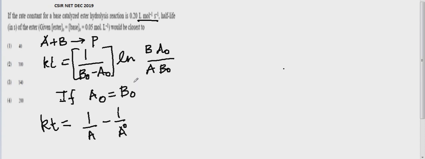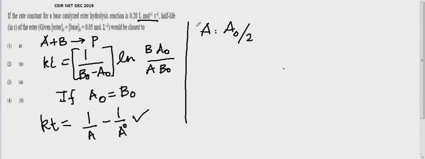So we're going to continue from this expression. We apply A is equal to A naught by 2, because at the half-life time, half of the concentration would have vanished.